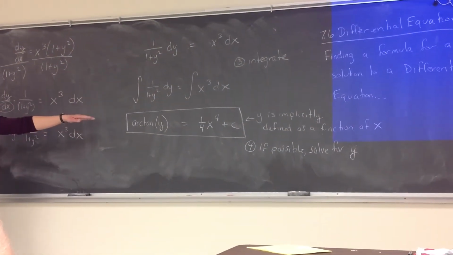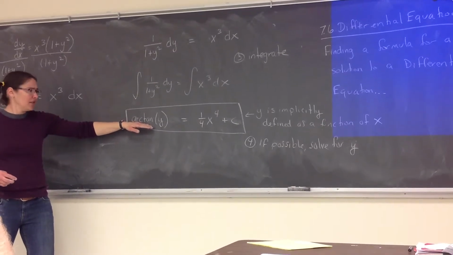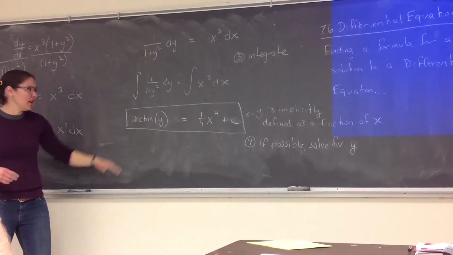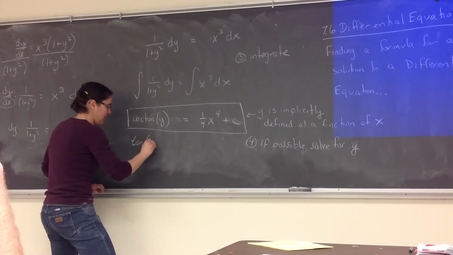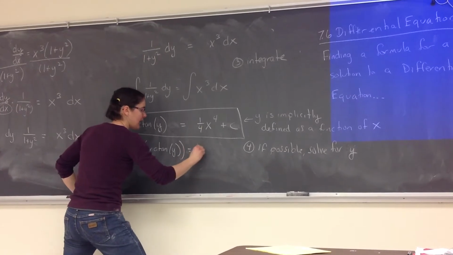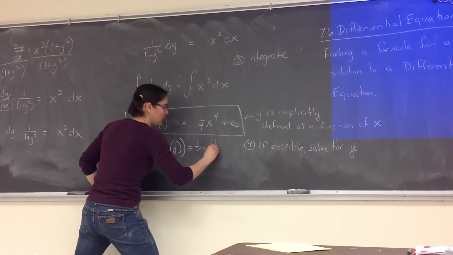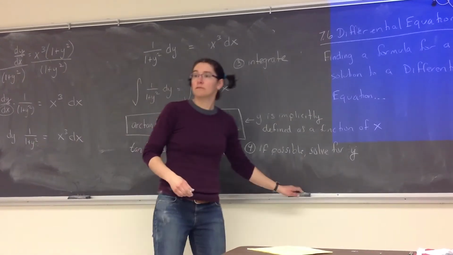So if we want to solve this equation for y, how do I get rid of this arctangent? Yeah, hit both sides with tangent, and so on the left side, I have tangent of arctangent of y, and on the right side, I have tangent of 1/4 x to the fourth plus c. Why did you put tangent?